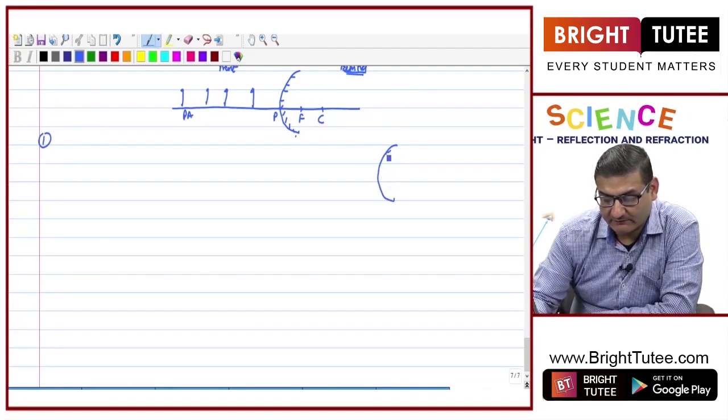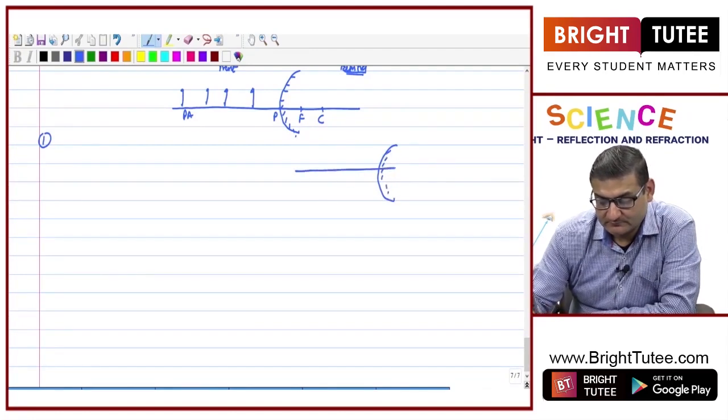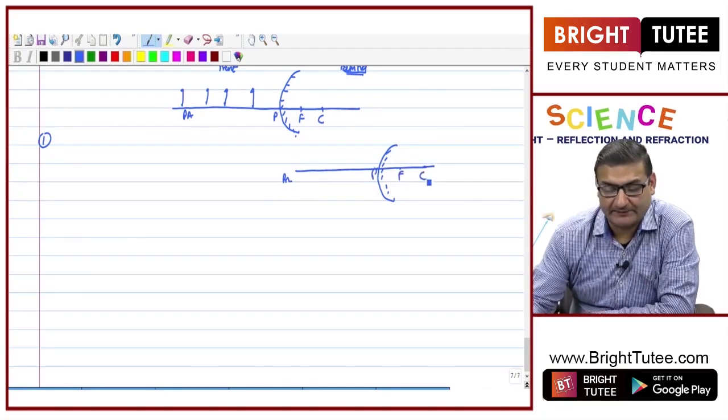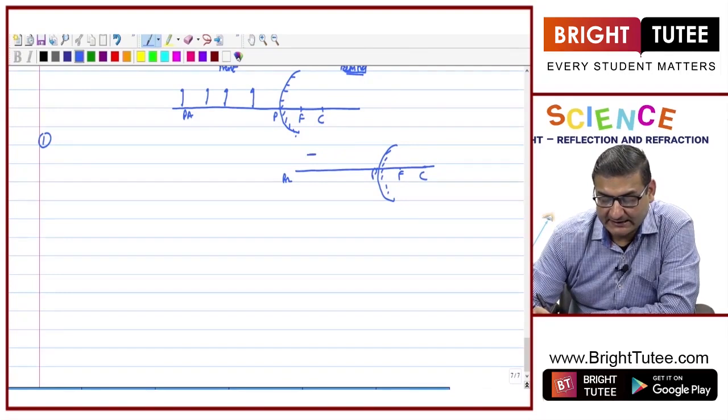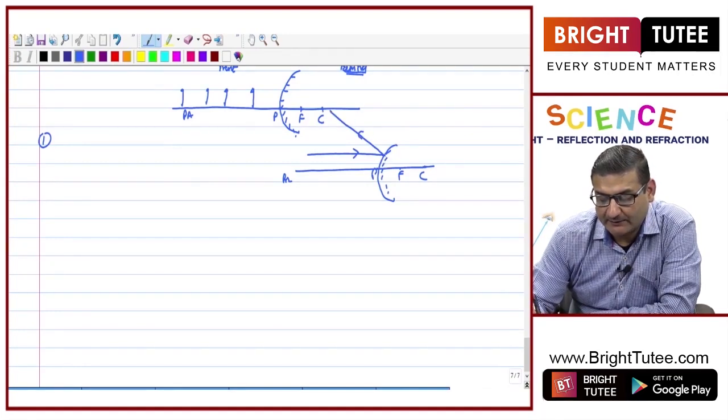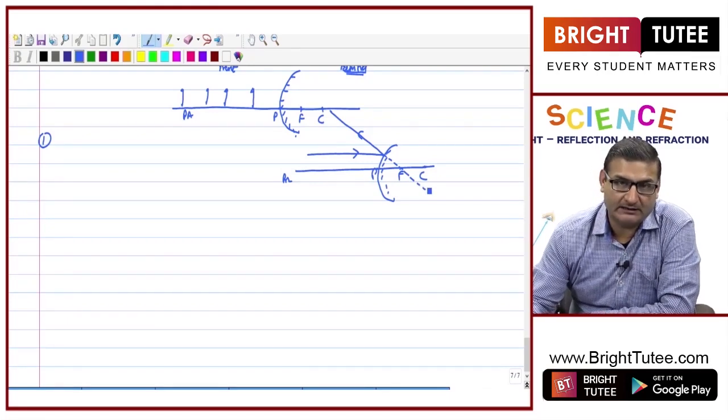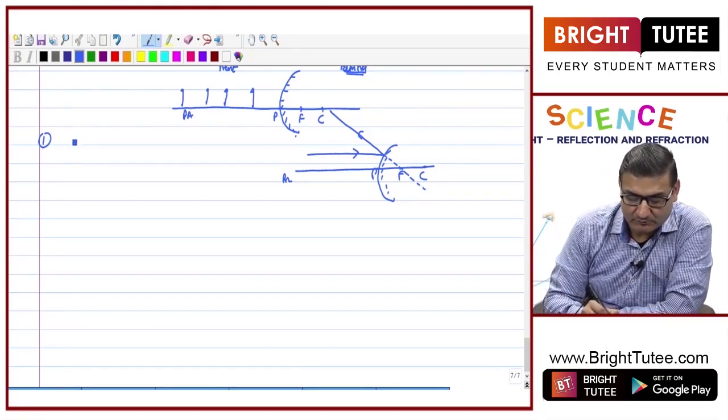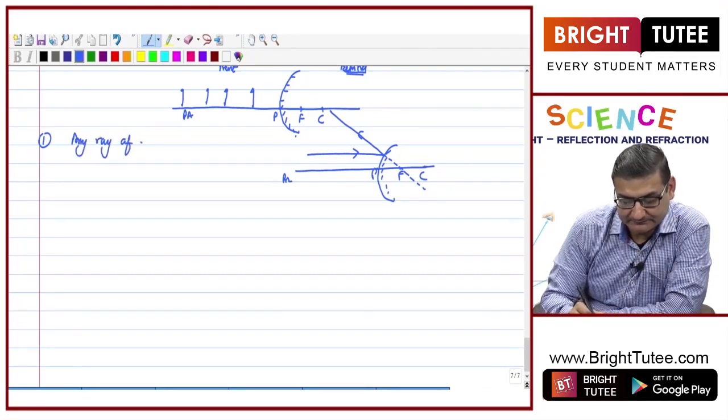This is a convex mirror, the principal axis, this is P, this is F, this is C. The first rule states that any ray of light which is coming parallel to the principal axis will reflect in such a way that it will appear to pass through the focus of the mirror.